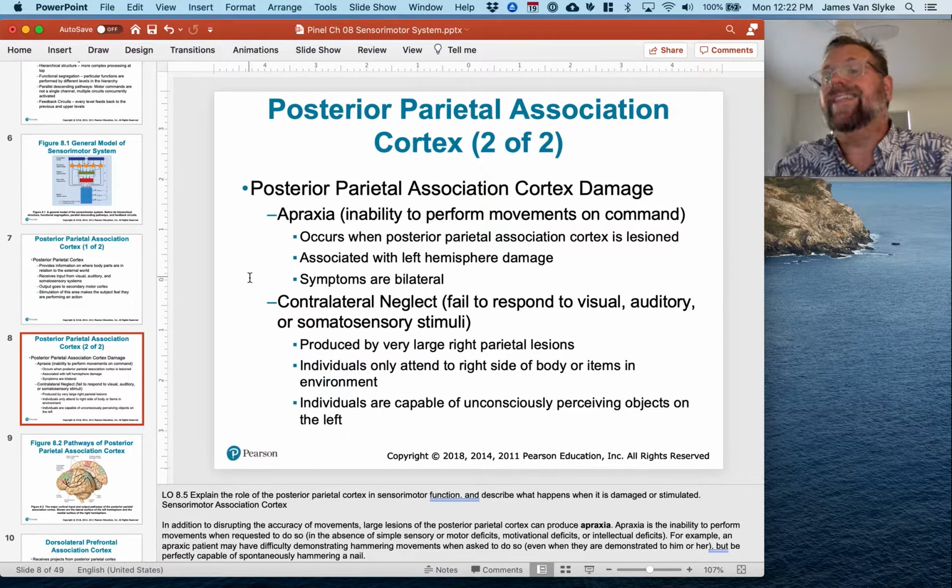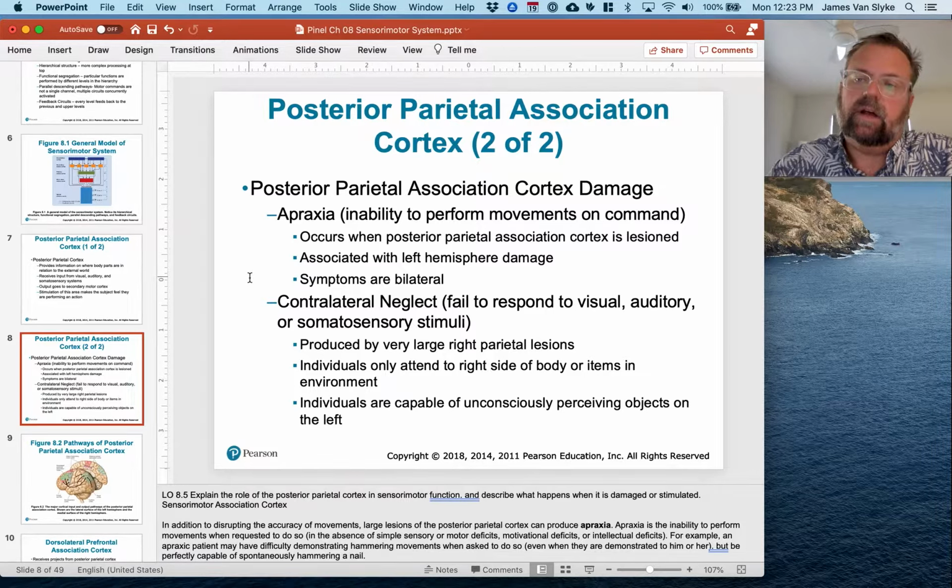But when you have damage to this particular area, it makes it difficult to consciously cause your brain and body to perform certain kinds of actions. This is often associated with damage to the left hemisphere, and the symptoms are bilateral, meaning that it can happen to either side of your body.